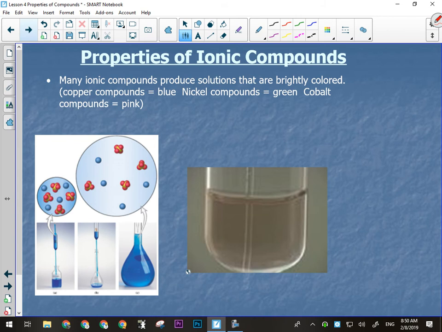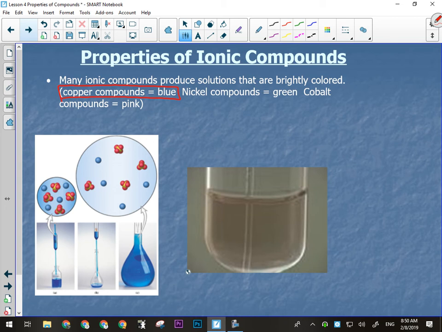There are several metals that, when they are in an ionic compound, will produce brightly colored salts and thus solutions. So if I have something containing copper, I will get a blue solution and more than likely a blue salt. It'll probably be a blue crystalline solid if it contains copper.